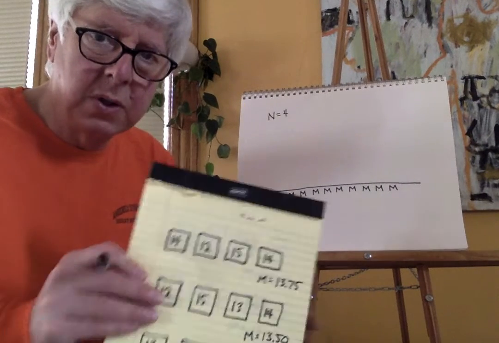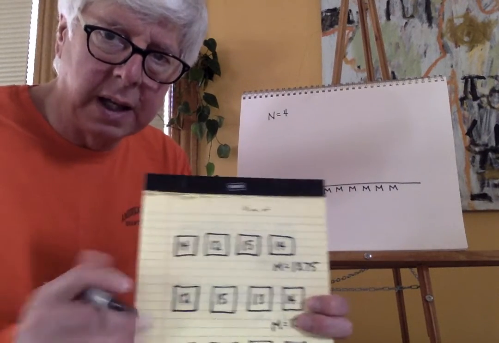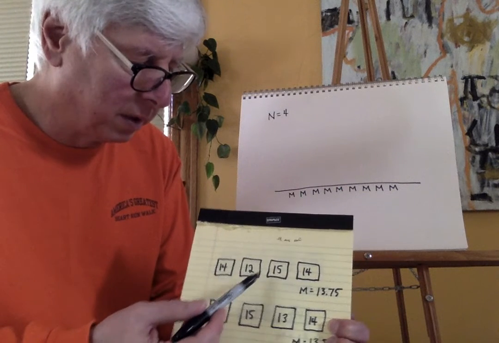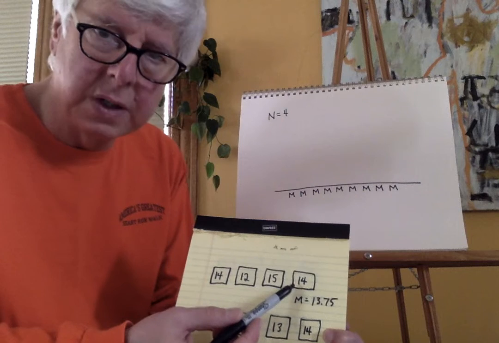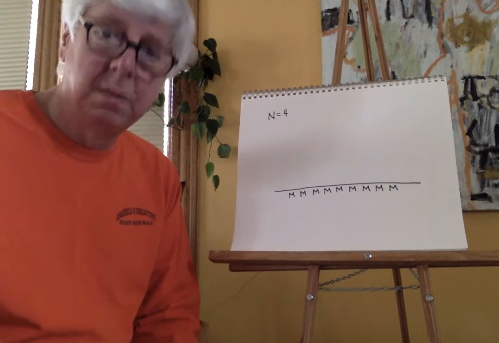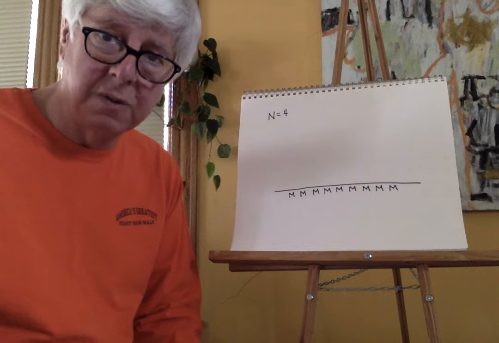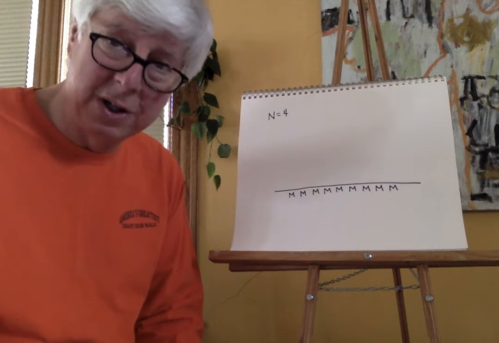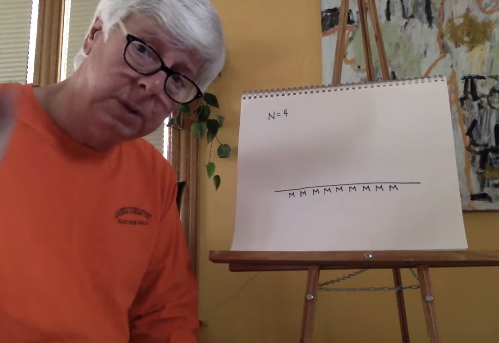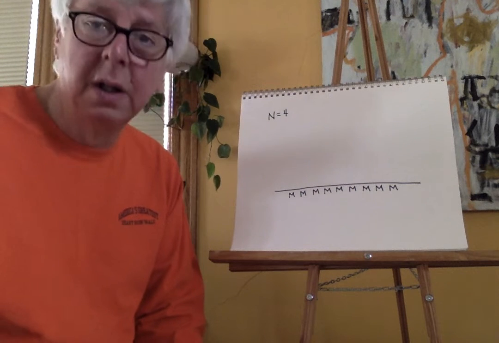So let's suppose the first 4 blocks that we take out look like this: a 14, a 12, a 15, and a 14. Remember, when I put my hand in there, the most likely thing I'm going to pull out is 14. By definition, there's 5 14s. There's only 4 15s, and so on and so forth.